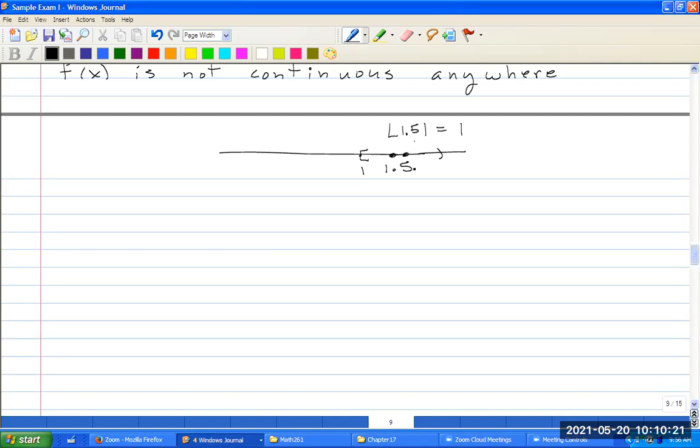Let's take 1.510100100, etc. Okay, so that's some irrational number. So then let's look at minus that. Its floor would be negative 2.